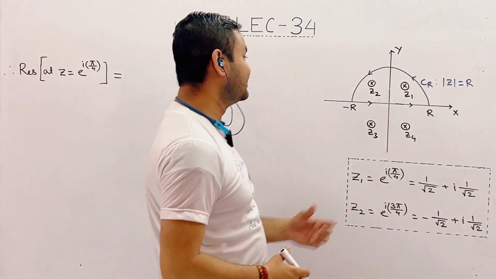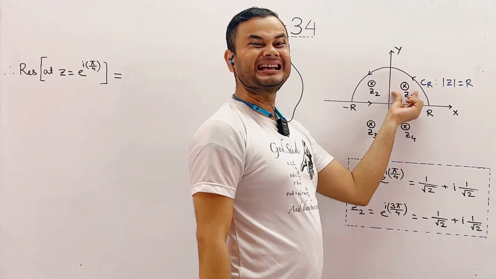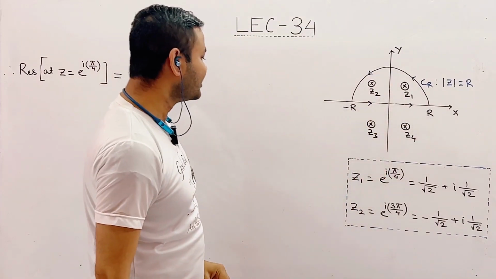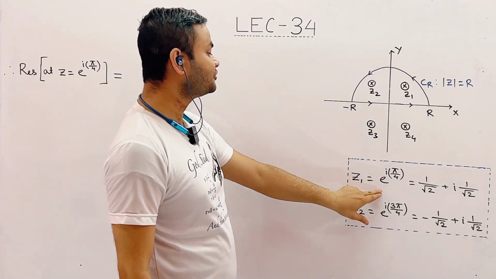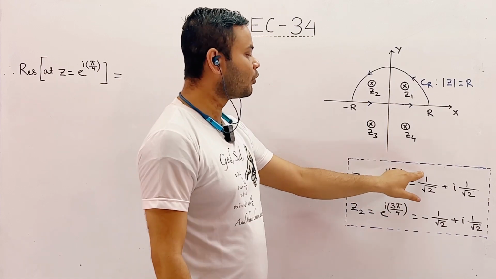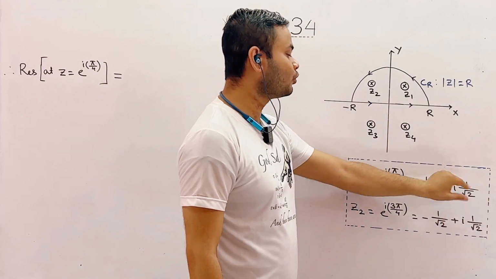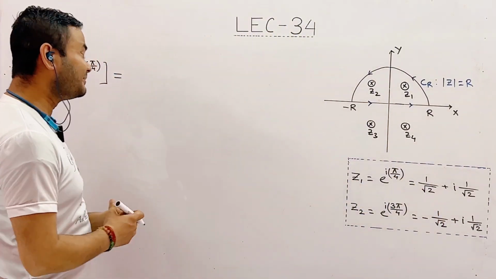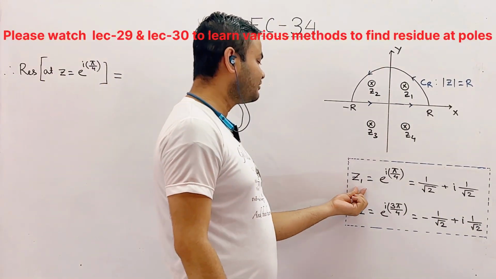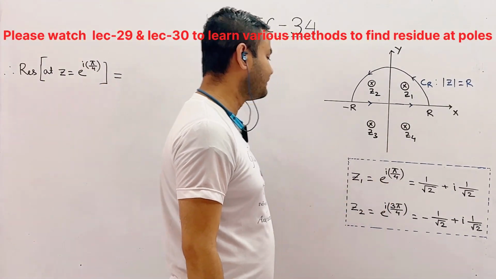Now, let us calculate the residue at the pole z equal to z1 first. In our case, z1 is e to the power iota into pi by 4, or 1 by root 2 plus iota into 1 by root 2. For simplicity, I am going to consider z1 as e to the power iota into pi by 4.